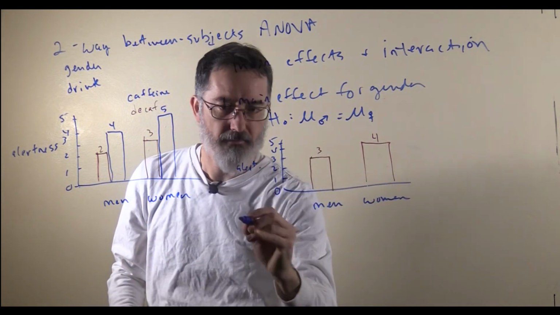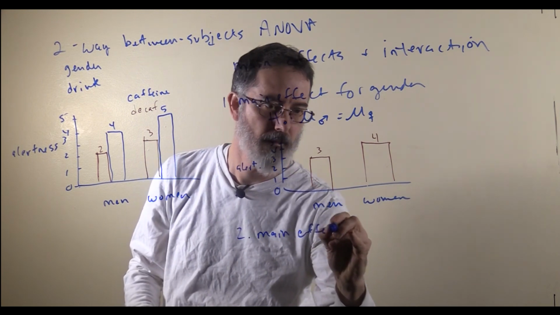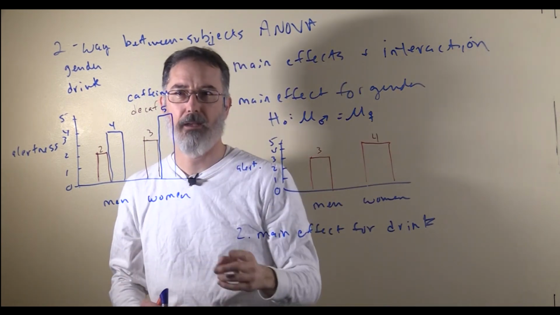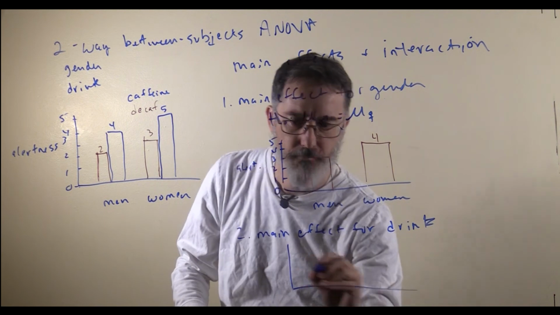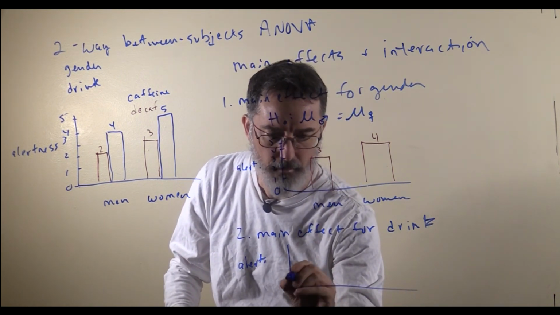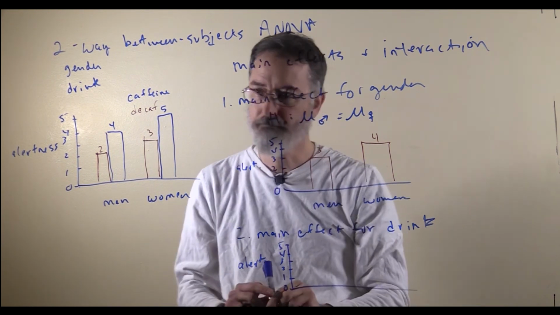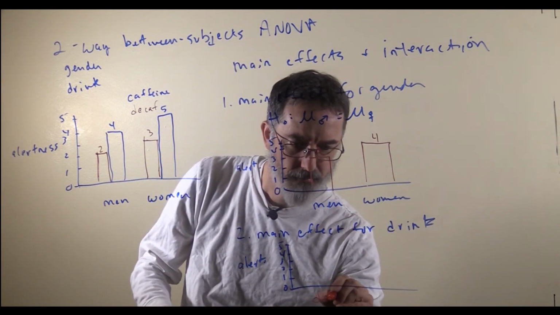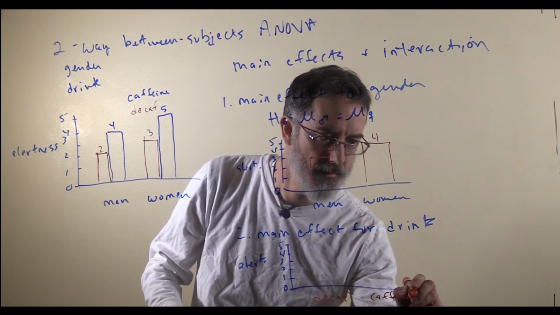So the second main effect is the kind of drink people had, caffeinated or decaffeinated. And we could draw that as well. So this is still going to be alertness. But now we're going to average across gender, so we'll put decaf over here and caffeinated over here.